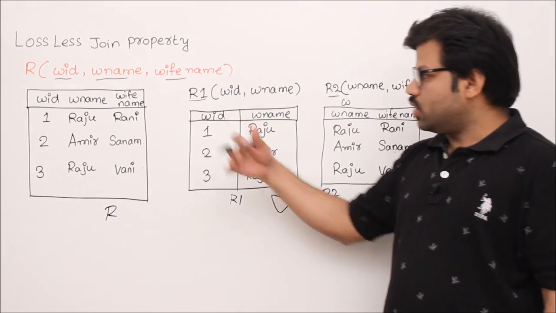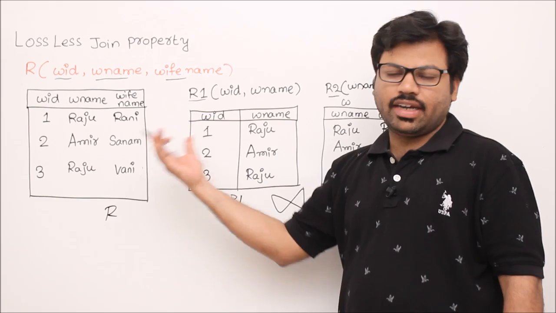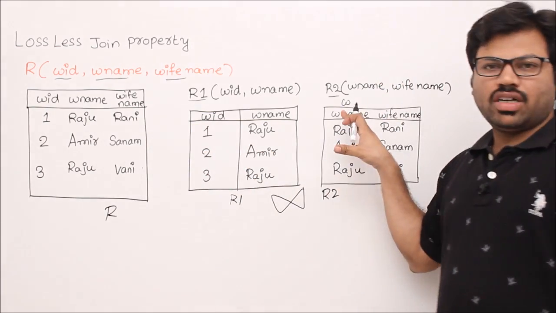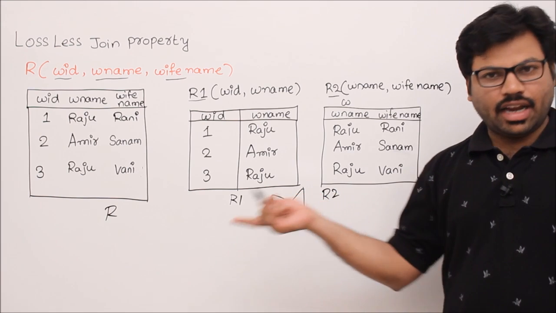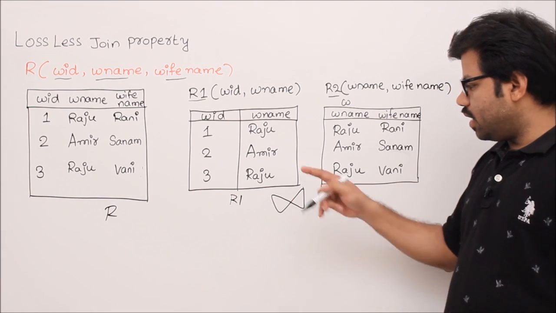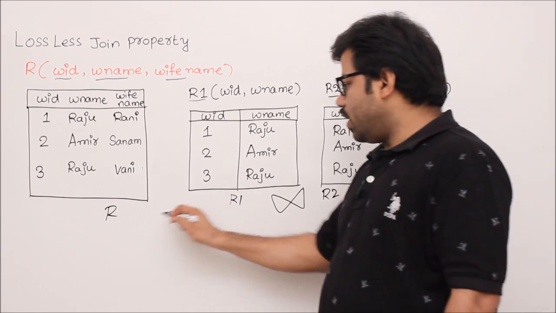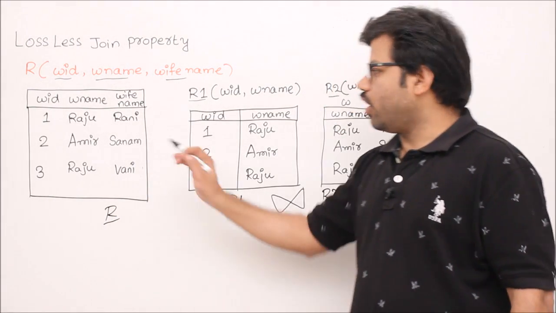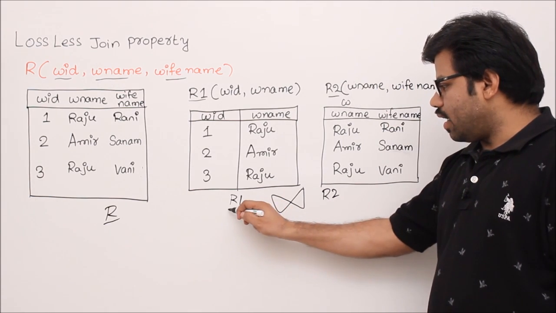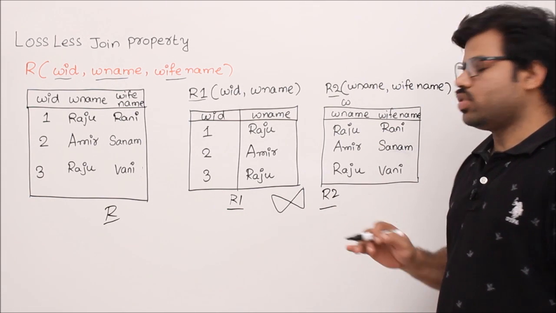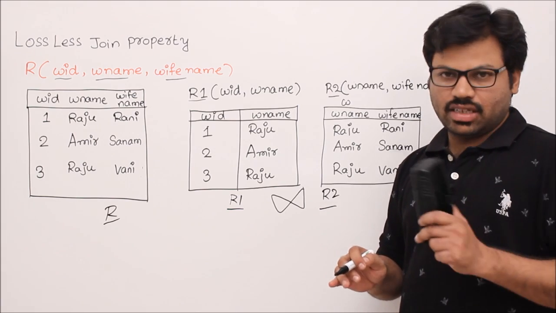This was your old table, this was your data, but you divided it into two parts. Then when you combine them, this is usually the way we combine, right? Natural join. Whenever you combine them using natural join, then it should give what? Your table back. That means your information back. Sometimes what happens, when you apply natural join between these decomposed tables, you might get surprising results.